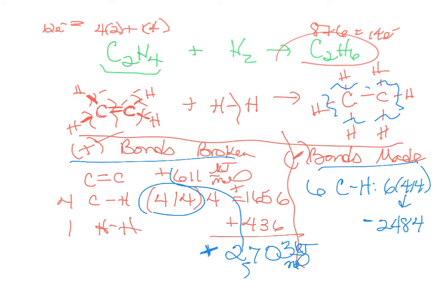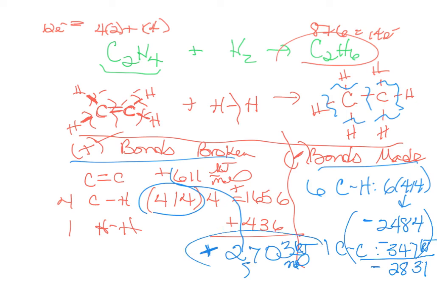And I've got to make 1 carbon-carbon single bond, and that is 347, negative sign. All right, I'm going to add the energies released with making the new bonds, and when doing so, I get minus 2831. Kind of close.